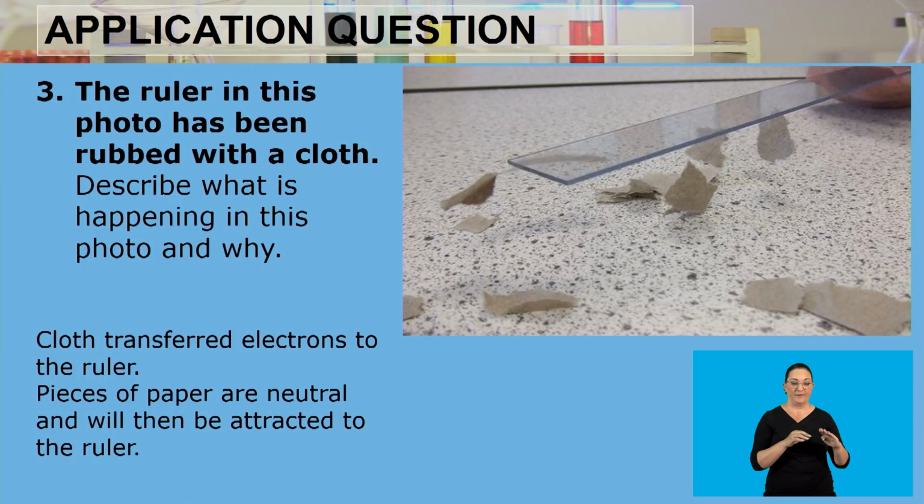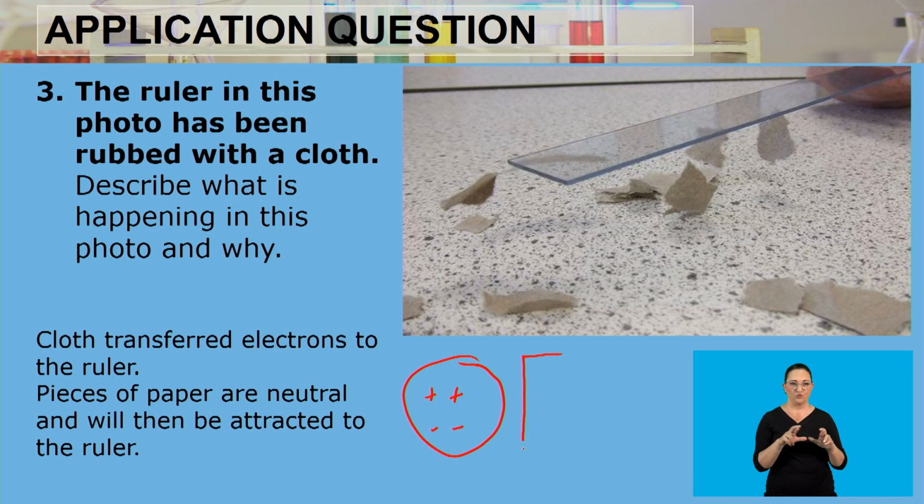Remember that the pieces of paper are neutral, and they will be attracted to the ruler because when the pieces of paper are brought closer to the ruler, the charges in the pieces of paper are going to be separated. Now, let's visualize this. We have an equal number of protons and electrons.